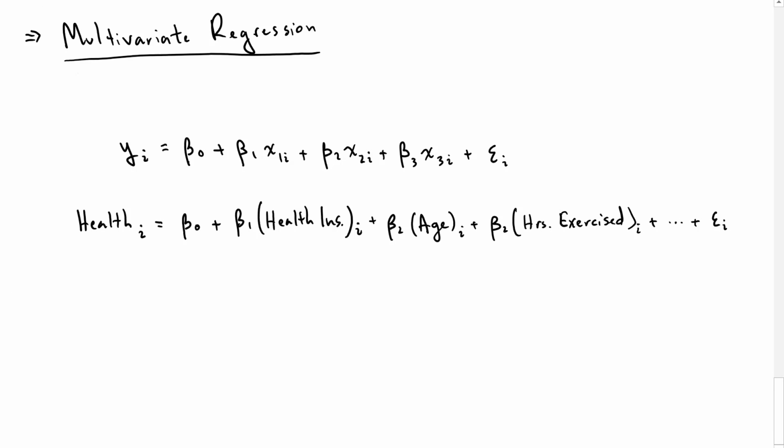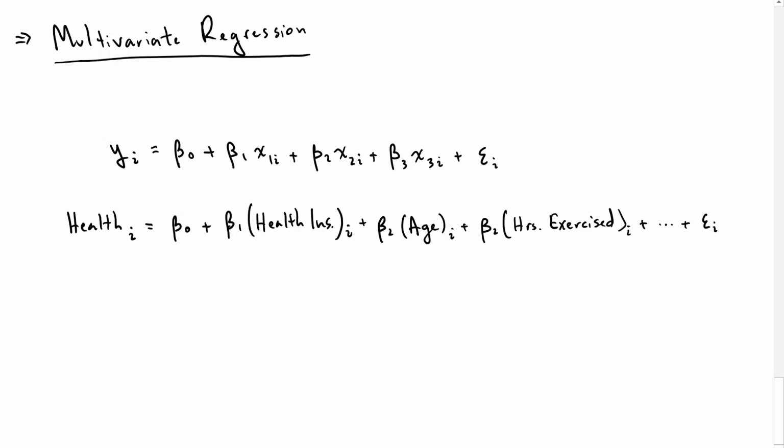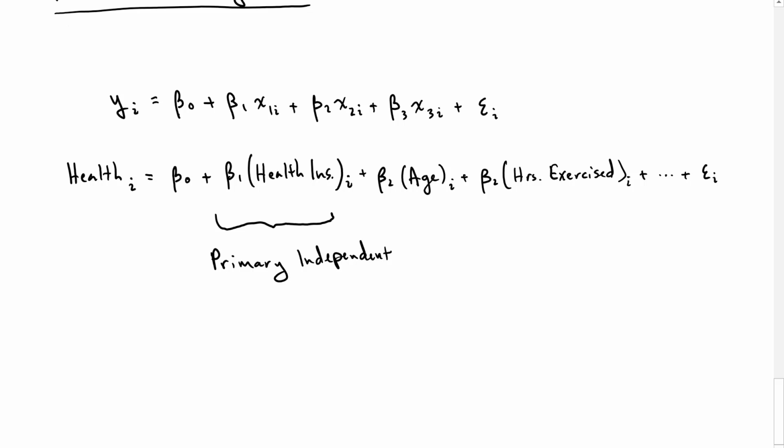And so in the end, what we have is some equation with all the variables that might affect our health. This one is what we call our primary independent variable of interest. In a causal situation, we can think about this as our treatment.